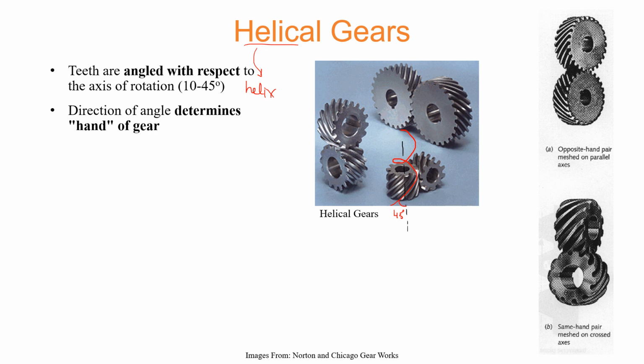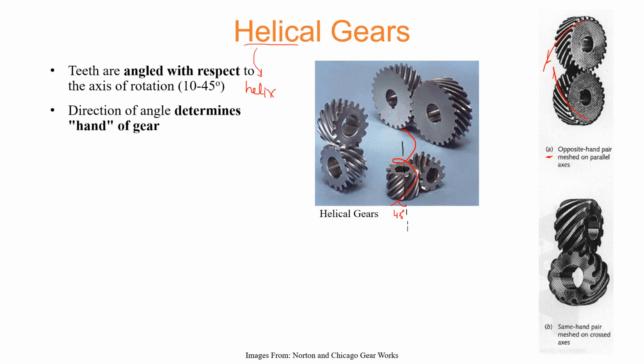The other possibility, in order to change the way the helical gears are assembled together, is to determine the hand of the gear. Now, what does that mean? It means that, for example, in this diagram, part A, you can see that the direction or the hand of the helical profile is going this way, and for the lower gear, it is going the opposite way.